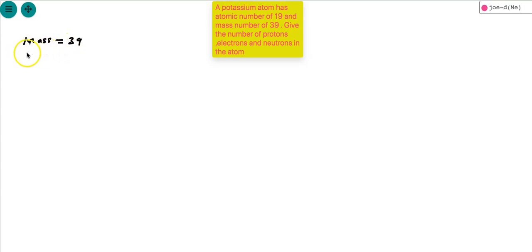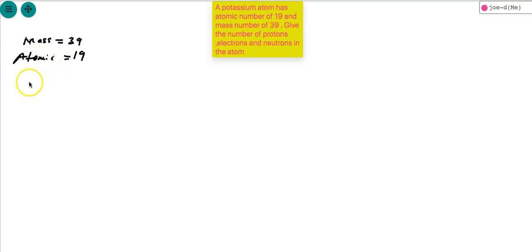The number of protons that they want us to work out, and you have the atomic number. Atomic number is being given as what? 19. So we know our mass number, we know our atomic number.